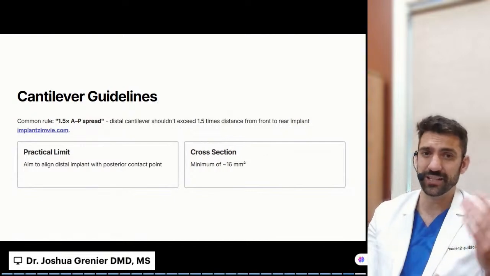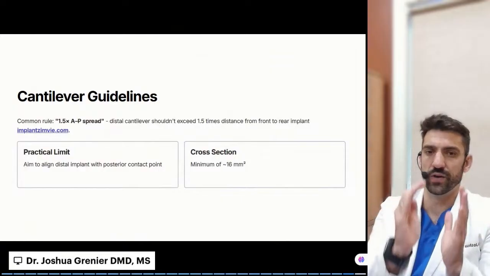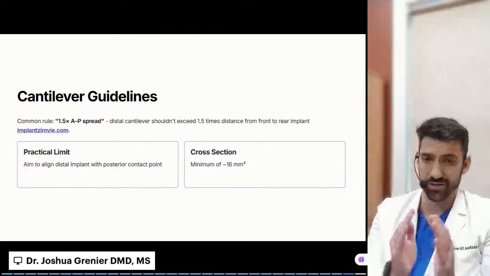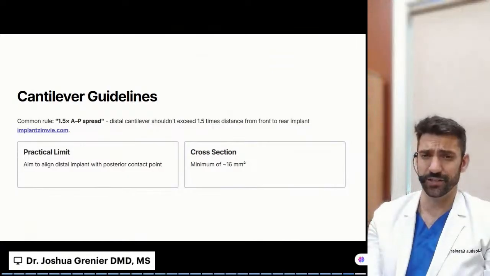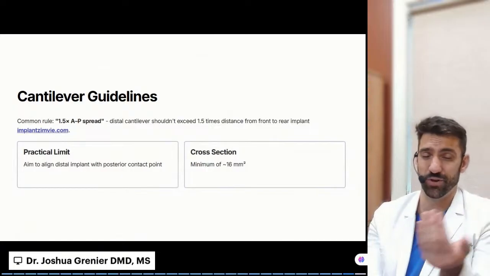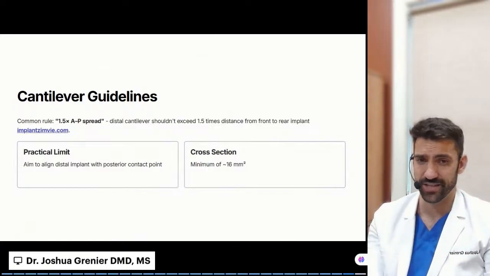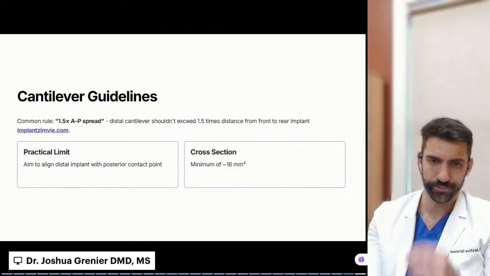So this gets very large very quickly, especially if it's going around an MUA, because the MUA already has some surface area. So 16 millimeters is significant. And if you're doing something like a pterygoid, that means it needs to have 16 millimeters all the way around the outside of that, which in certain areas can be quite difficult.